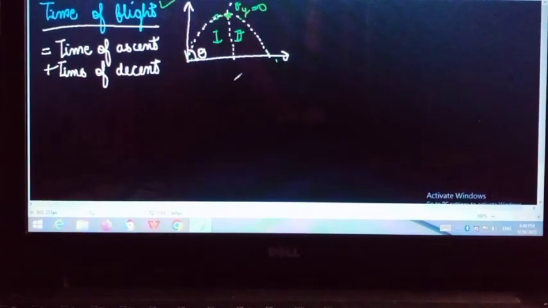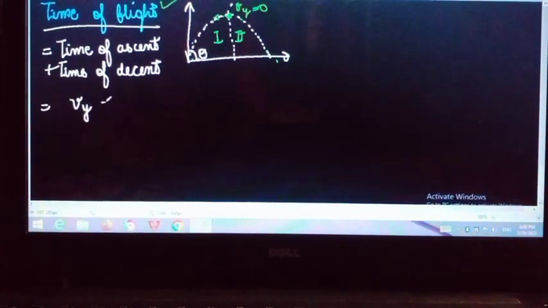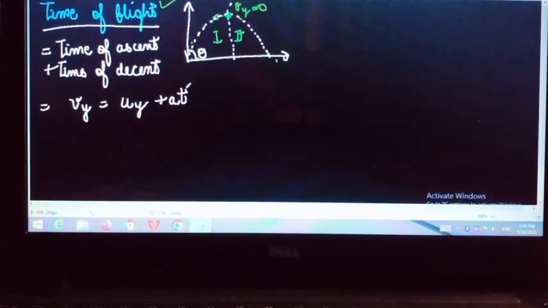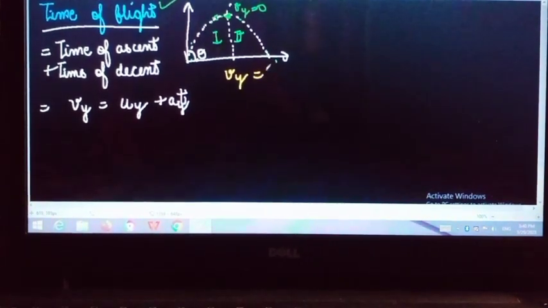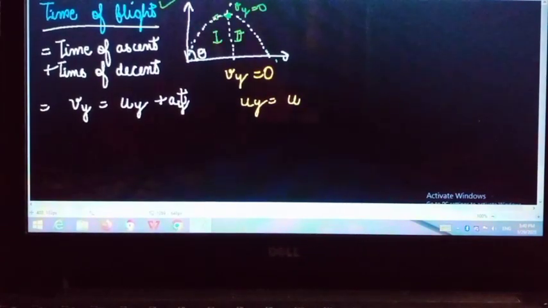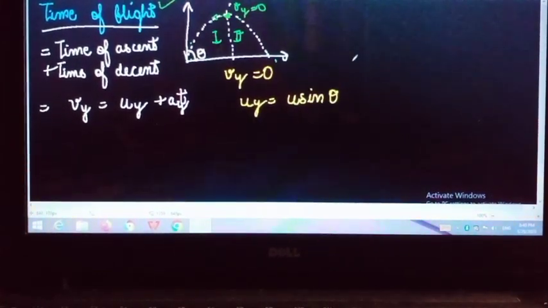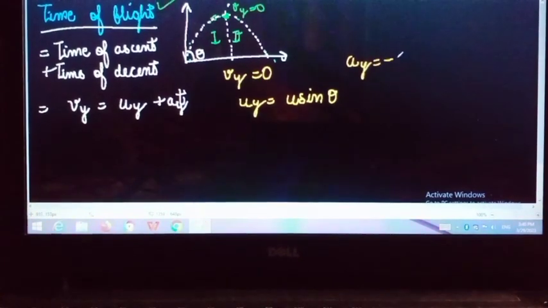Let's quickly start with a simple equation of motion, which is the first equation of motion: Vy is equal to uy plus ay t. Here Vy is 0 and uy is u sine theta, as uy is the y component, and ay is minus g.